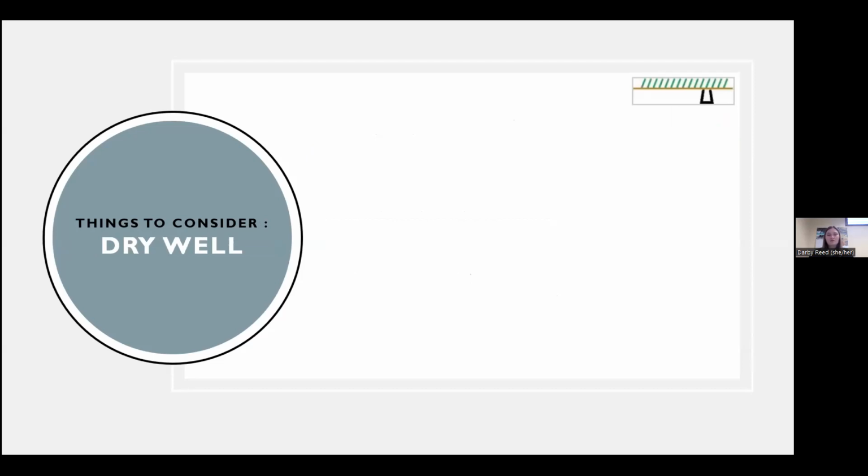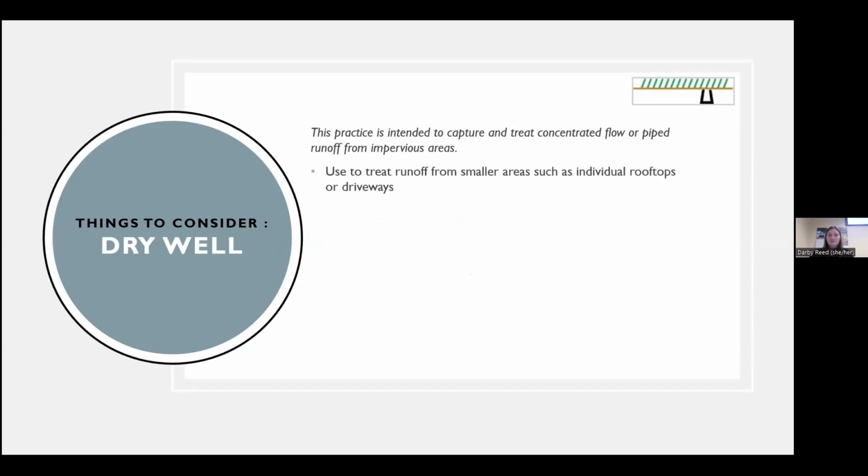For a dry well, this practice is intended to capture and treat concentrated flow or piped runoff from impervious areas. It is used to treat smaller areas such as rooftops and driveways as well. But it may not be appropriate where there is a significant risk for basement flooding.